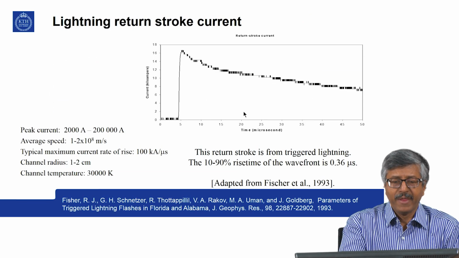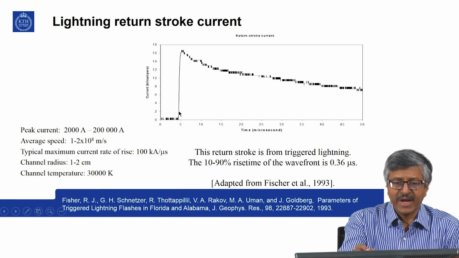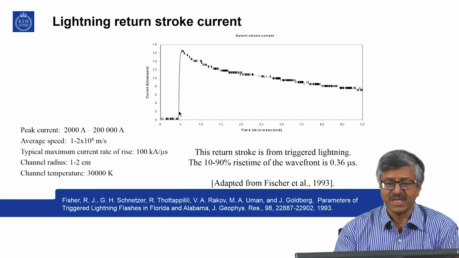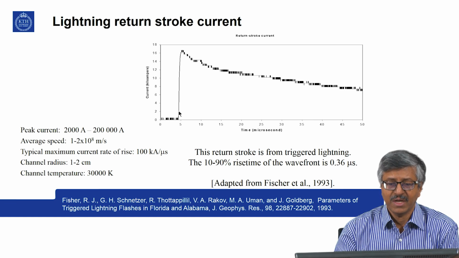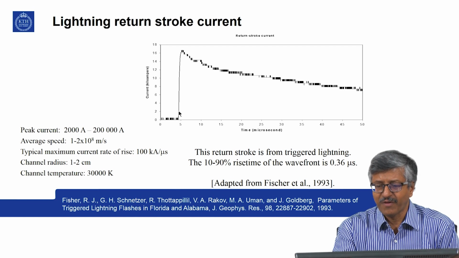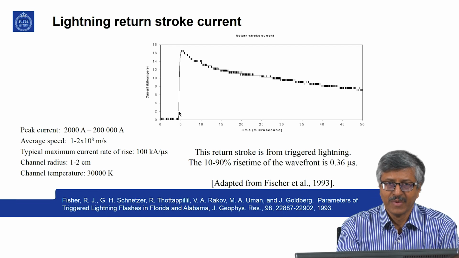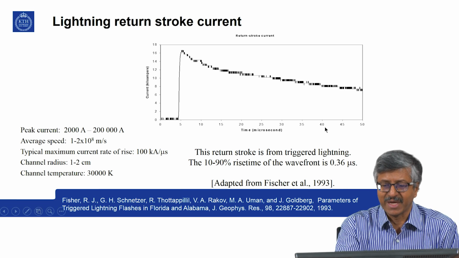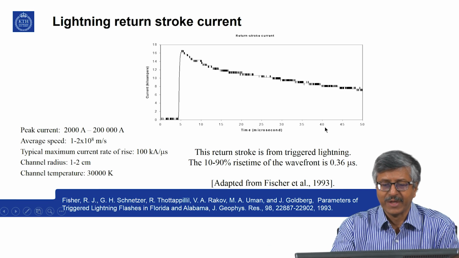The waveform of a lightning return stroke current measured at the base of a channel is given. From around 1 second, this shows only 50 microseconds, so 1 by 50th of a million, you can say, of the length of the record.